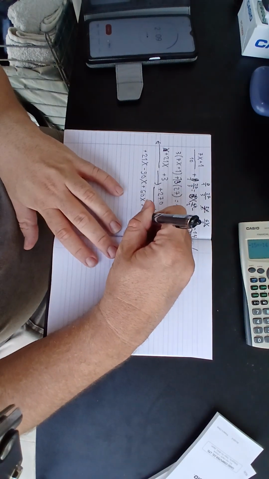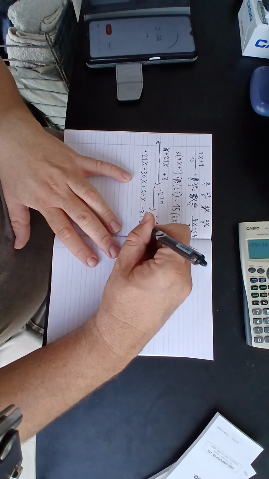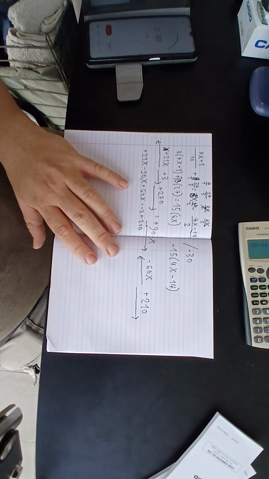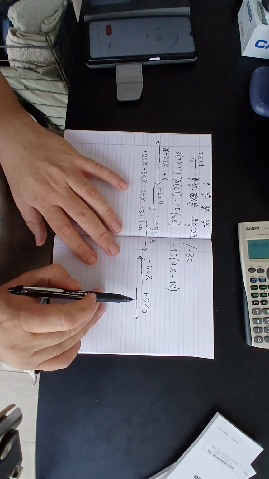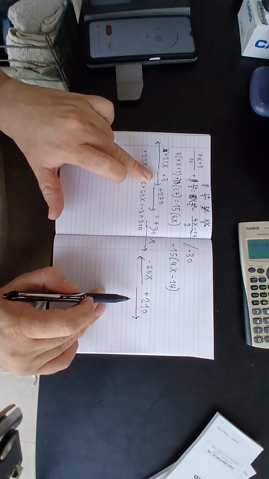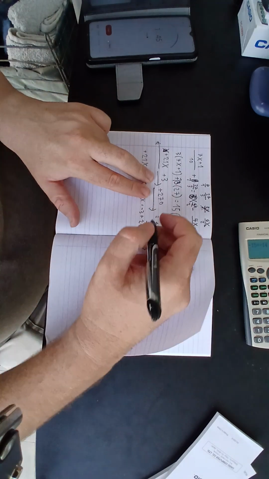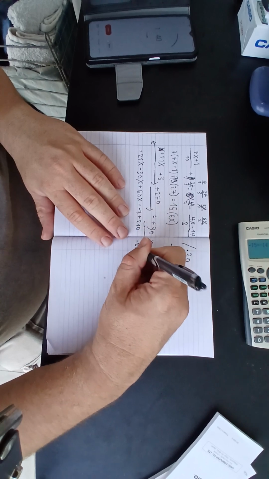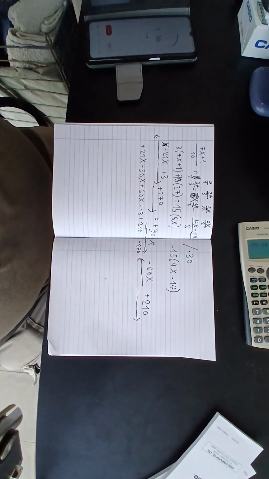So negative 3 plus 210. I also have here 217, that becomes negative. I changed it first because it's written before the equation, it's supposed to be written after the equation.